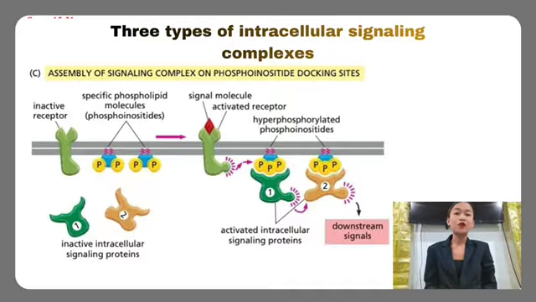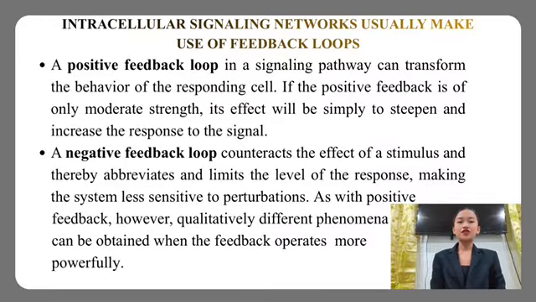And that is phosphoinositides. Now let's talk about intracellular signaling networks, which usually use feedback loops. There are two types of feedback loops, the positive and the negative feedback loop. A positive feedback loop in a signaling pathway can transform the behavior of the responding cell. If the positive feedback is of only moderate strength, its effect will be simply to steepen and increase the response to the signal.